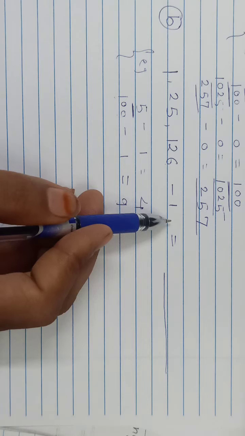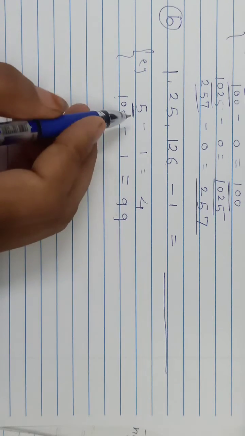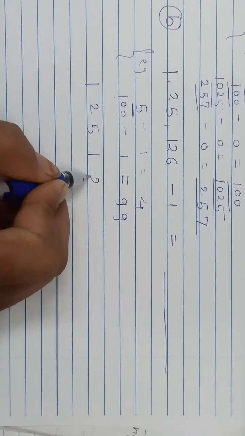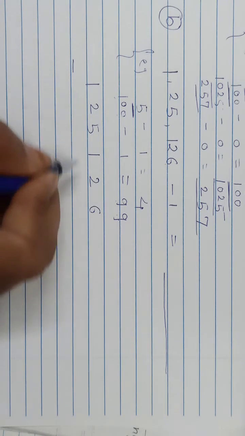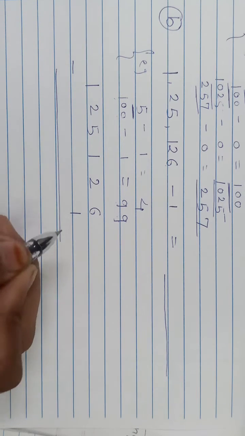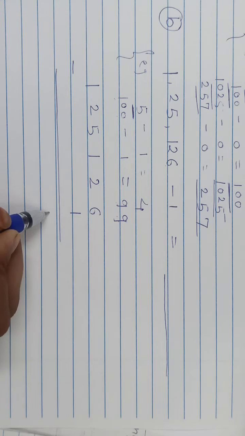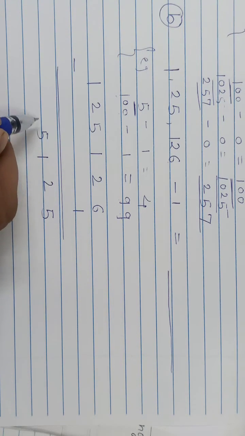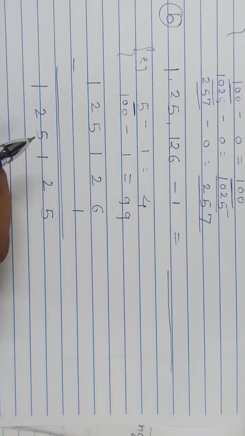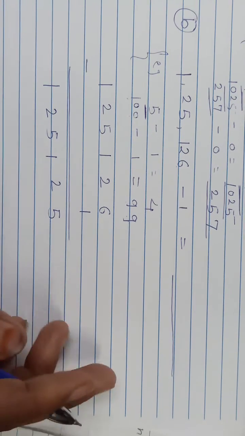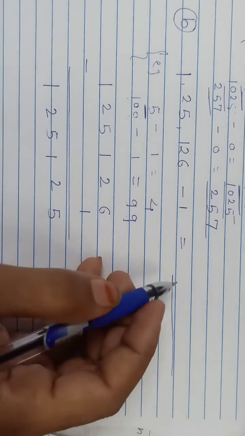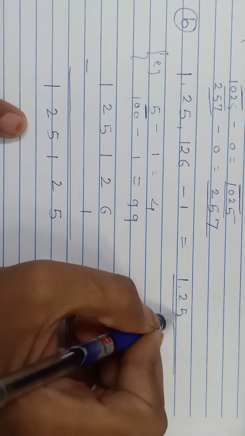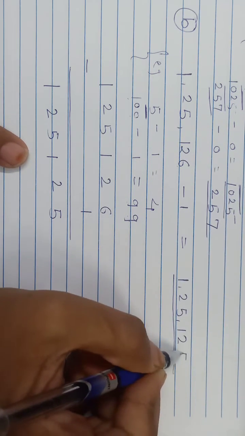But if you get confused, then you can directly subtract 1,25,126 minus 1. In this way you can subtract: 6 minus 1 is 5, then 2, 1, 5, 2, 1. Then no mistakes will occur. Now what is the answer? 1,25,125.